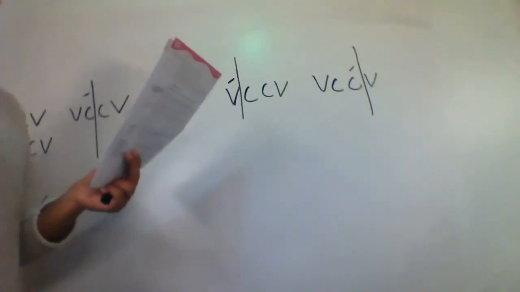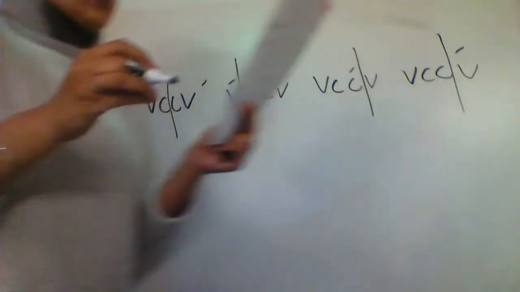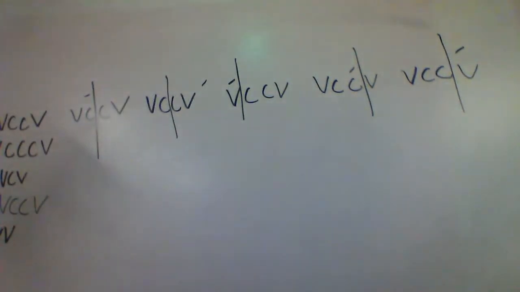And one last way that we learned is the same as this, kind of, but the accent goes at the end. Very good. Awesome. Okay, we're going to move on then.